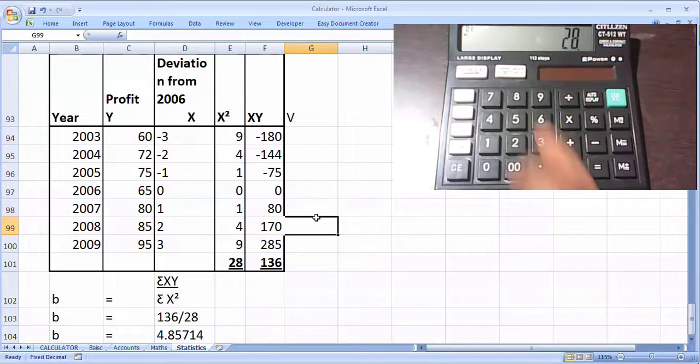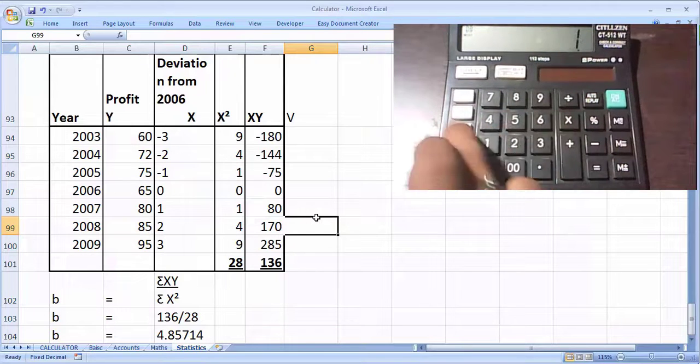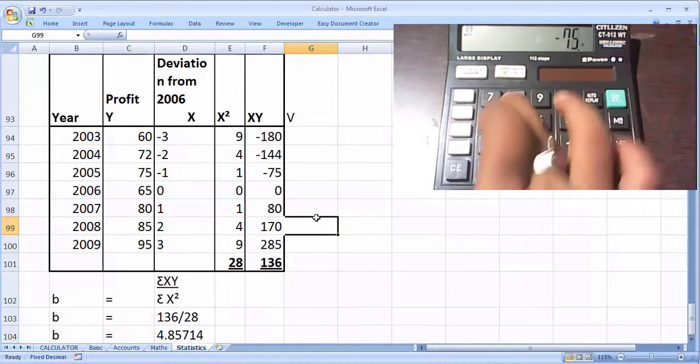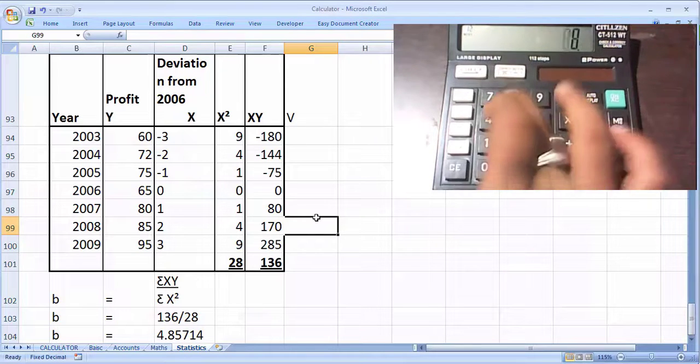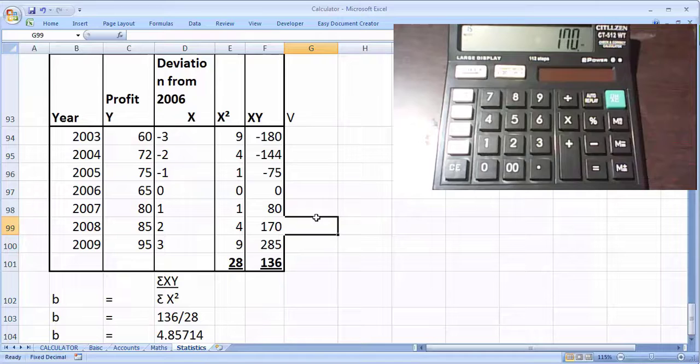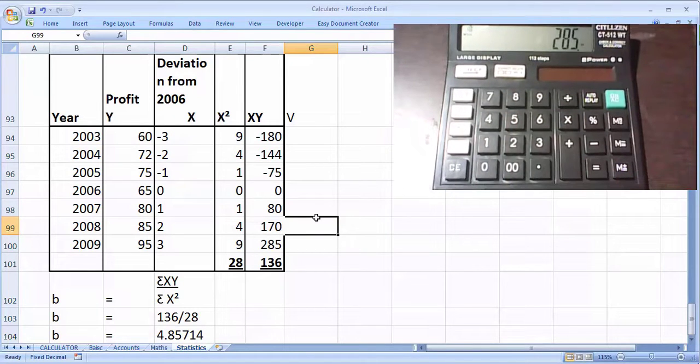X into y. 60 into 3, put minus, equals minus 180. 72 into 2, minus 144. 75 into 1, minus 75. 80 into 1, 80. 85 into 2, 170. 95 into 3, 285.